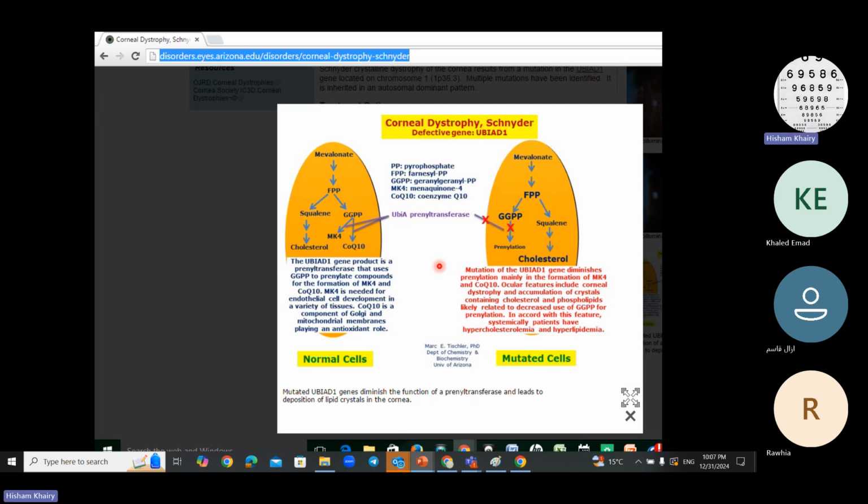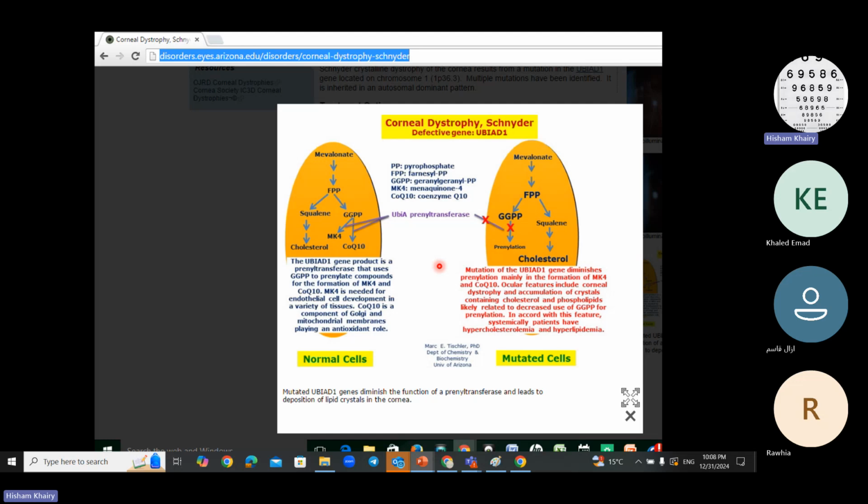What is that? In the normal cell's cholesterol metabolism, mevalonate is metabolized into FPP, and then either to squalene or GGPP.